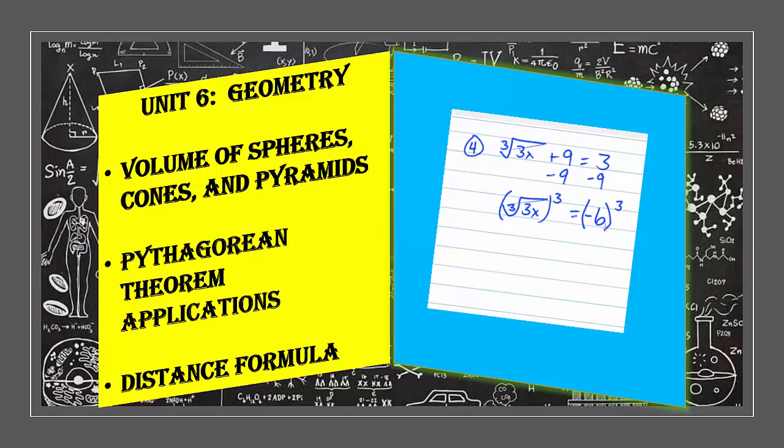If I cube a cube root, those 2 inverse operations simplify out, and that leaves me with 3x equals negative 6 times negative 6 times negative 6, which gives me negative 216, where we will divide by 3 on both sides of the equation, and x is equal to negative 72.